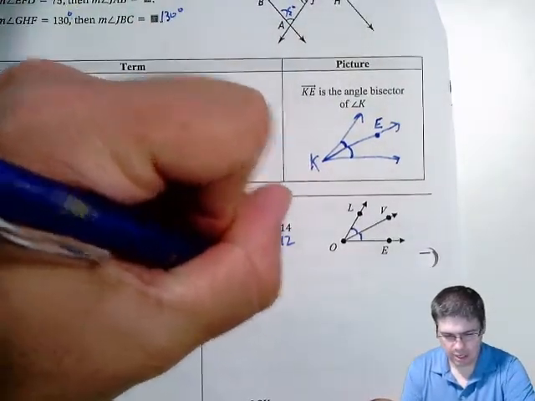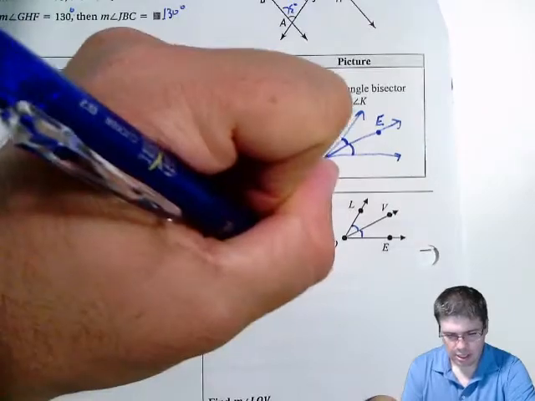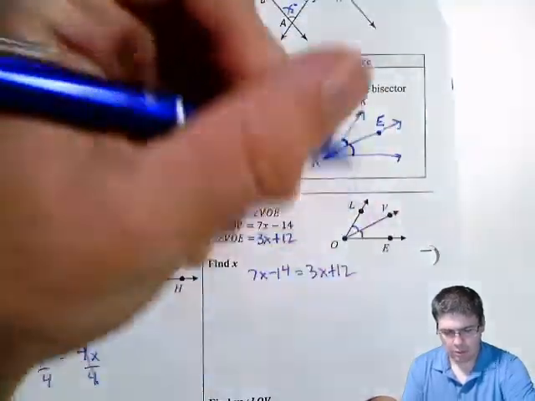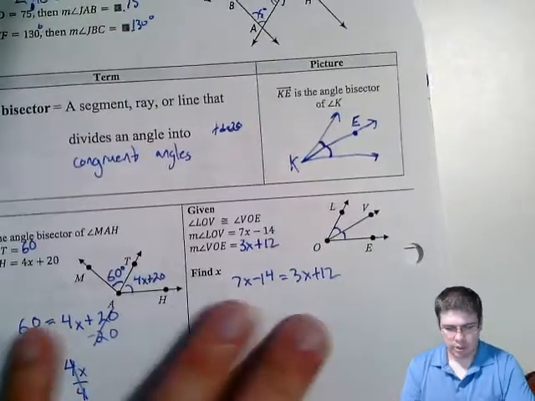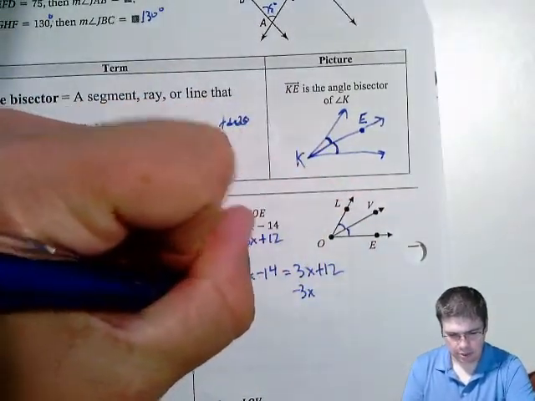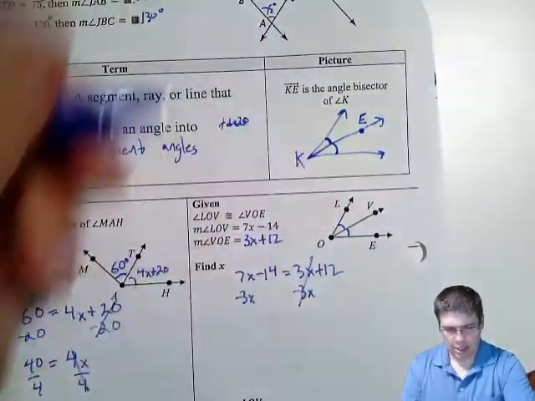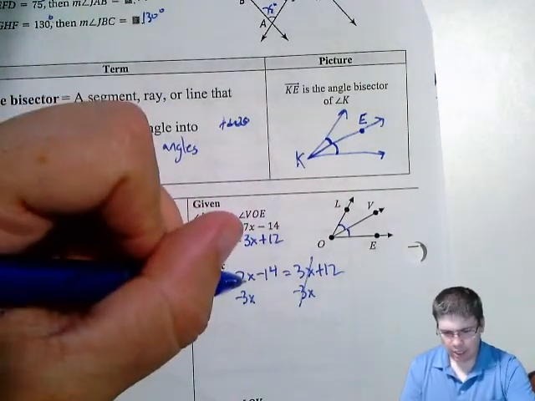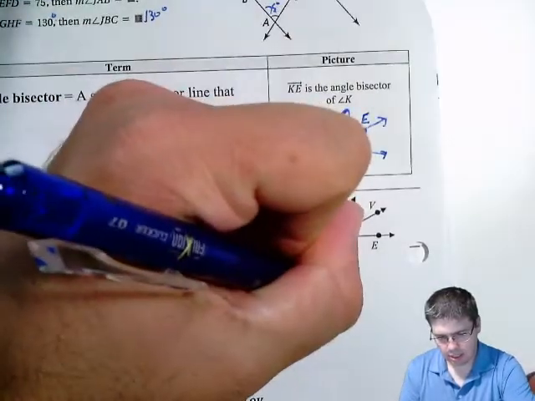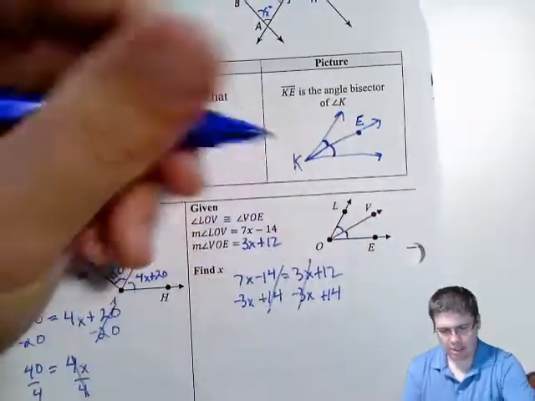So we can actually set up an equation and solve for x. So 7x minus 14 is equal to 3x plus 12. I'm going to bring x's to one side. I'm going to subtract 3x, that's the smaller one, to keep things positive. That cancels that out. And at the same time, I'll go ahead and add 14 to both sides, and that'll cancel that out.